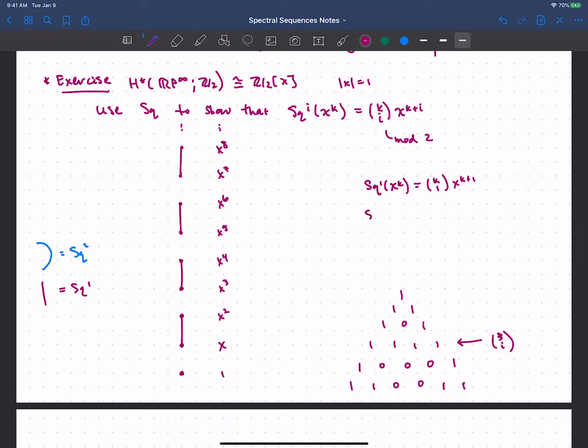So let's look at Sq^2 on x to the k. Well, this formula is going to tell me that I should have k choose 2, x to the k plus 2. And of course I know that Sq^2 on x squared is supposed to be x to the 4th because it generalizes the square. If I look at 4 choose 2, I guess that's the line right below here.